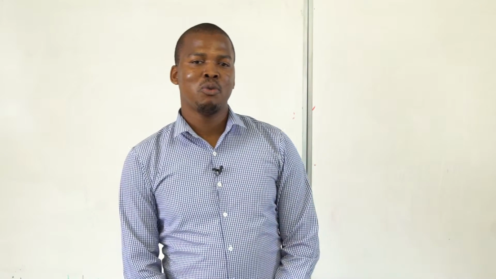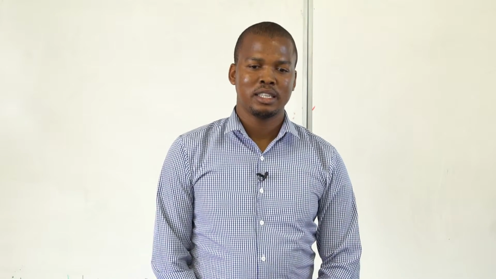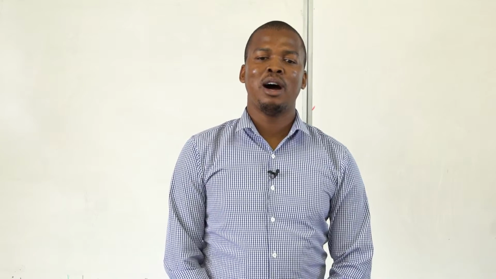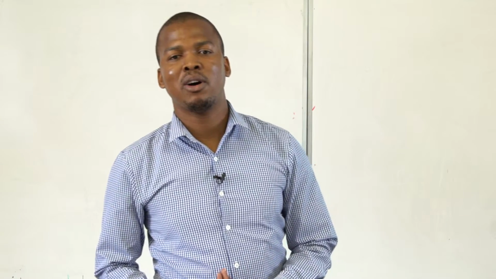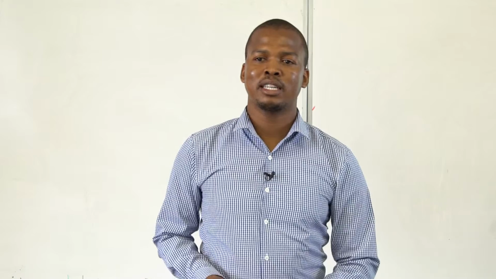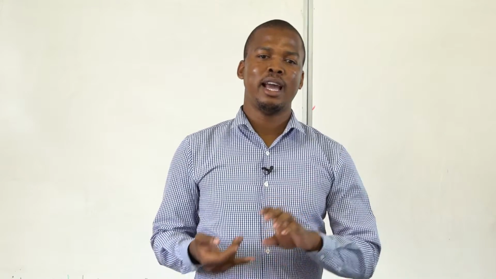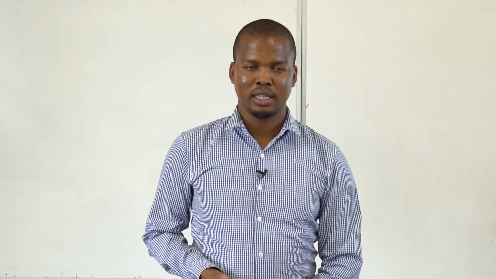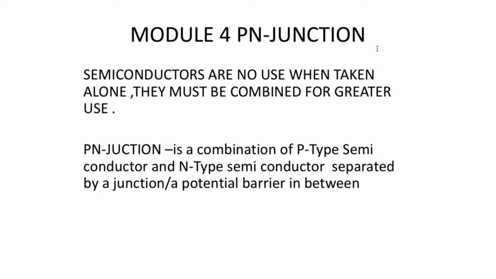If they ask you what is a PN junction, from our previous lesson we learned about the P-type semiconductor, we learned about the N-type semiconductor. On our Module 4, we are introducing a combination of them both. Semiconductors are of no use when they are working alone.